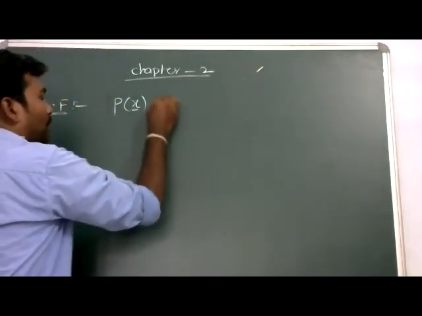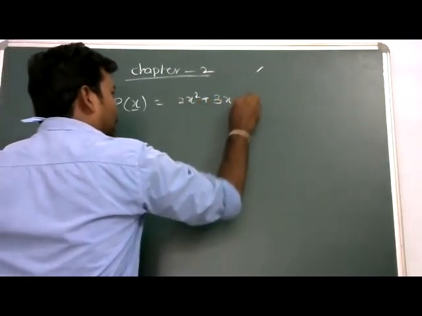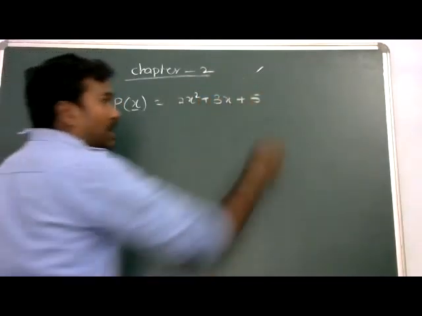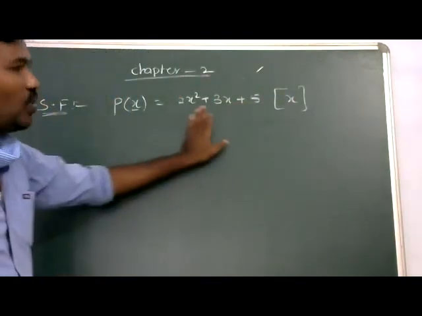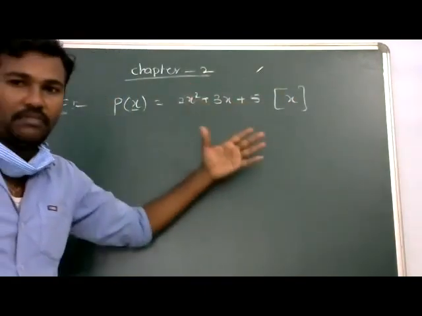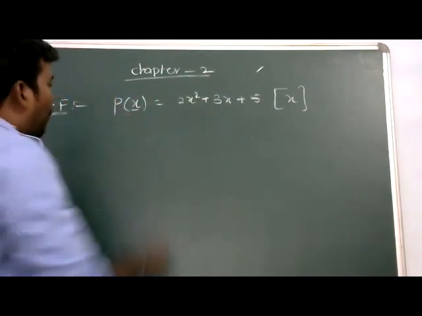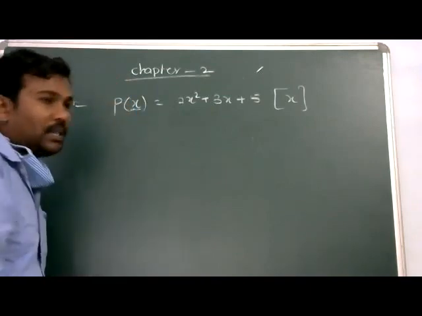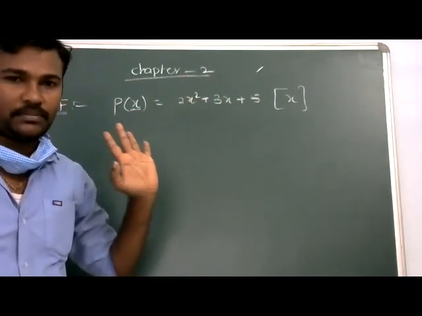For example, p of x equals 2x squared plus 3x plus 1. Here, what is the variable? The variable is x. There is no y, z or any other variable, only one variable, that is x. That's why it is a polynomial of x.